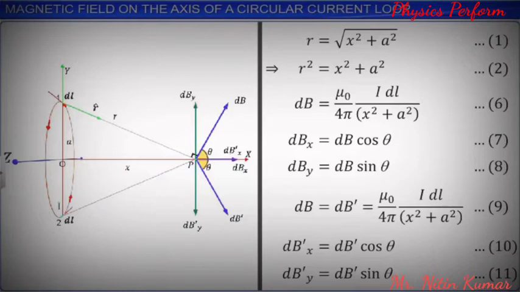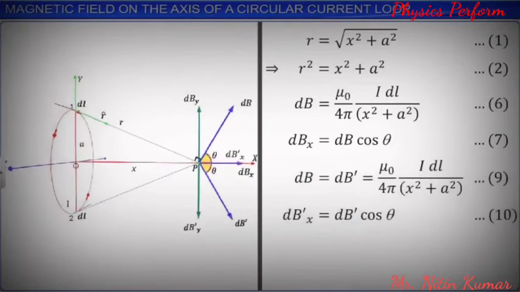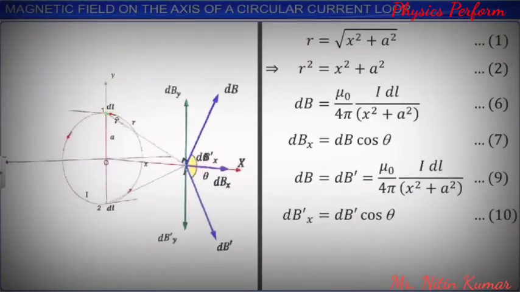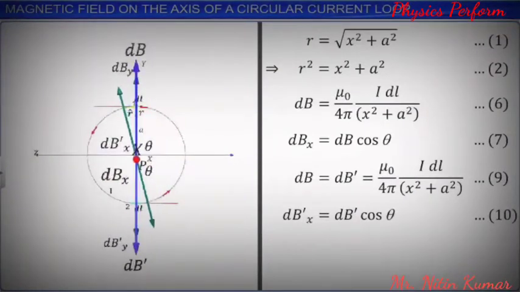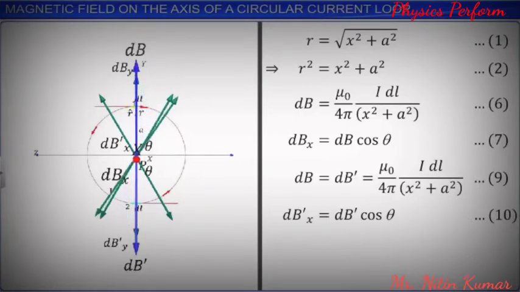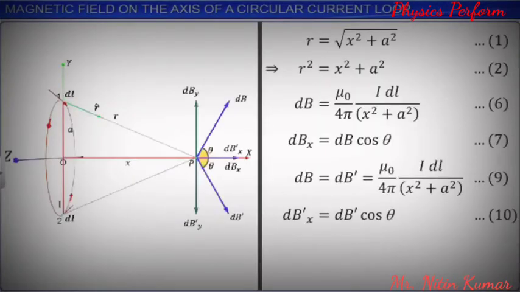Hence, their resultant is 0. This would be the case for all the elements on the circular loop, and hence the net normal component of magnetic induction for a circular conductor at the point P will always be 0. The net magnetic induction at the point P is now the sum of all the components of dB along the x-axis.